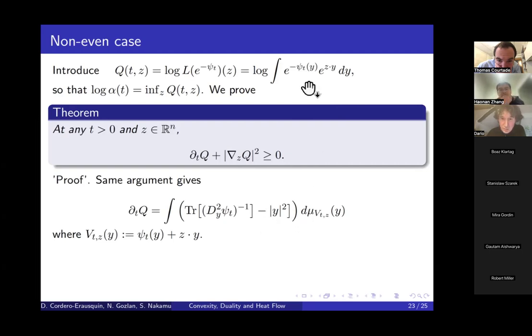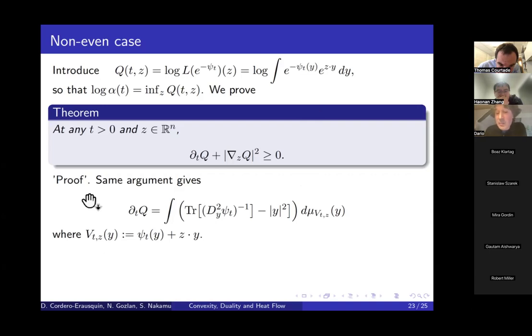Now the measure is slightly different, because you have the exponential of minus psi t, but then you also have a linear function in y, this dot y. But precisely because this is a linear correction, it will not change, for instance, the Hessian. So this is the Hessian of psi t, but it's also the Hessian of v, my potential.